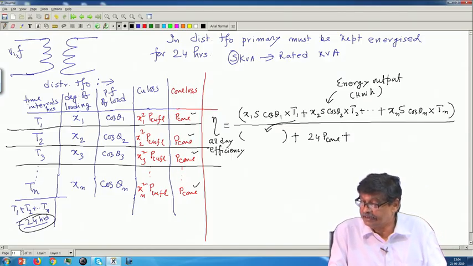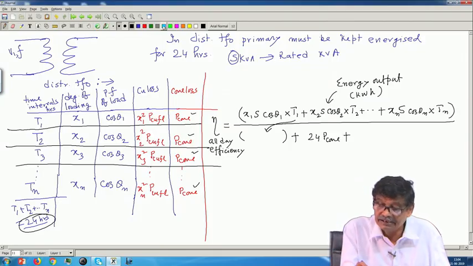plus the copper losses. Core loss will always take place in the distribution transformer. Copper losses, energy dissipated, will be how much? I will write it in a different color.